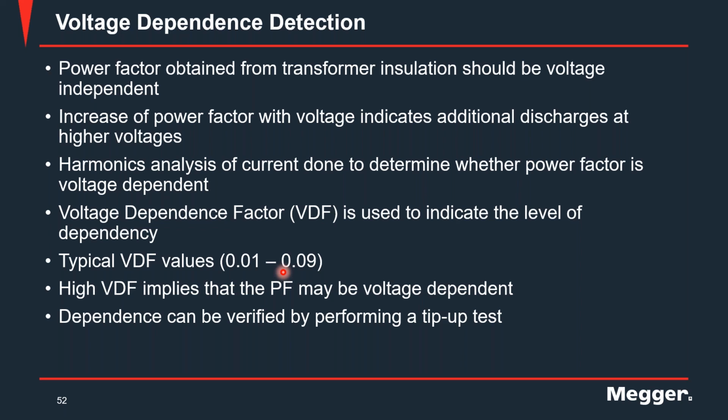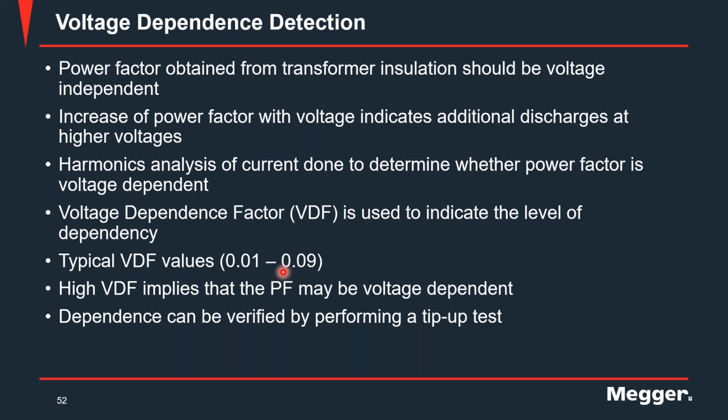What our power factor test set does is it does a harmonics analysis of the current to determine whether the power factor is voltage dependent or not. So it gives you a parameter called the voltage dependence factor, VDF, and based on the value of that VDF, you can decide either to do a tip-up test or not. By doing a tip-up test, you actually verify whether the insulation is voltage dependent or not.